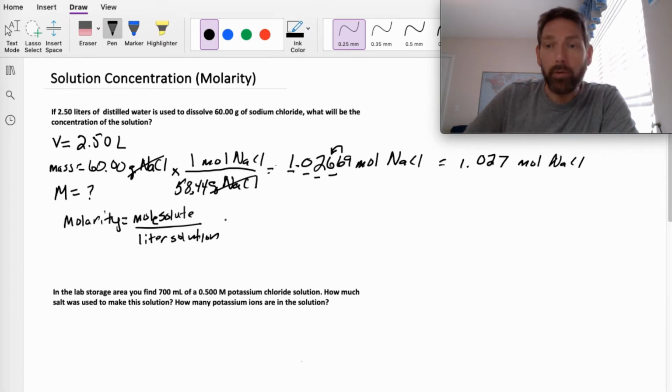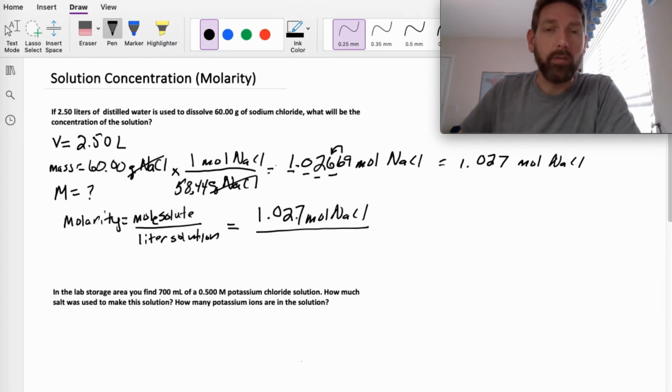So now what we have to do is we basically have to do some basic algebra 1, really. So we want molarity, and there's our equation right there. So now that we have moles, we know that we have 1.027 moles of sodium chloride.